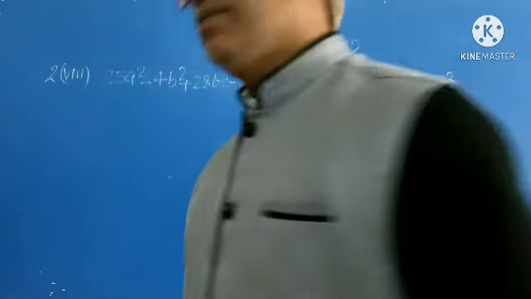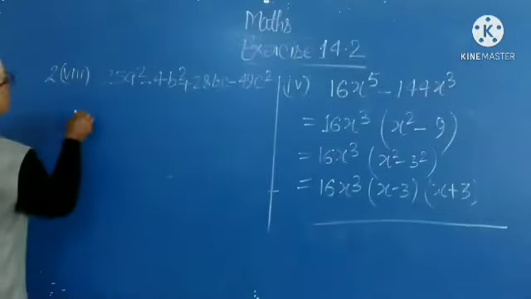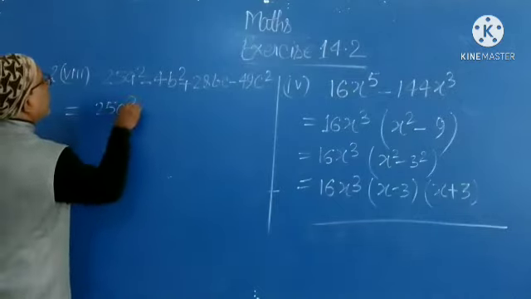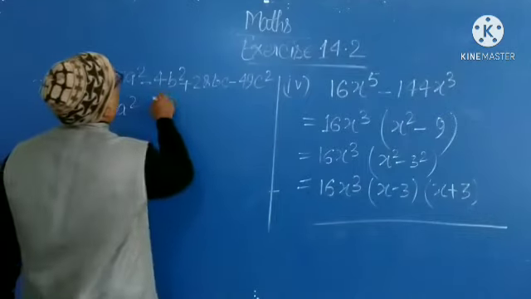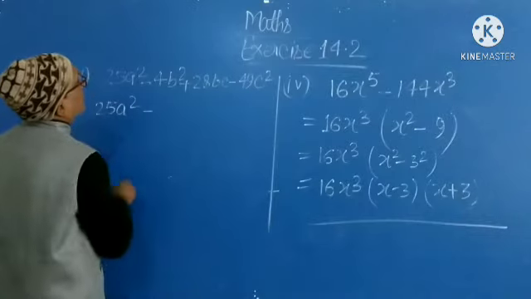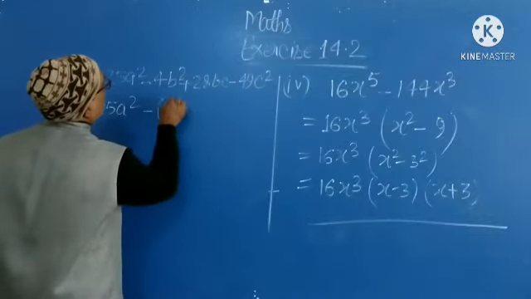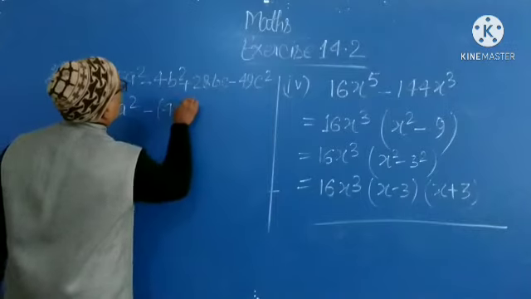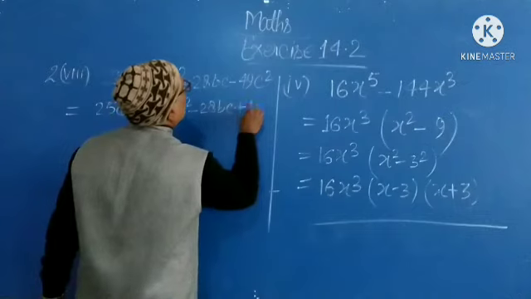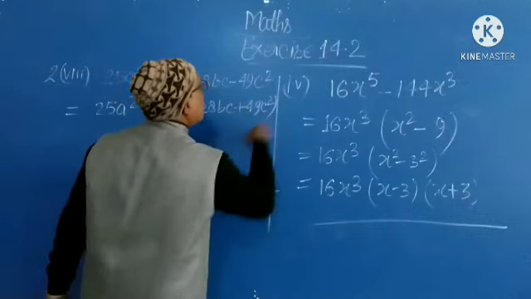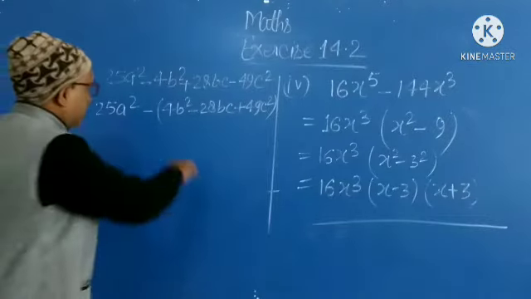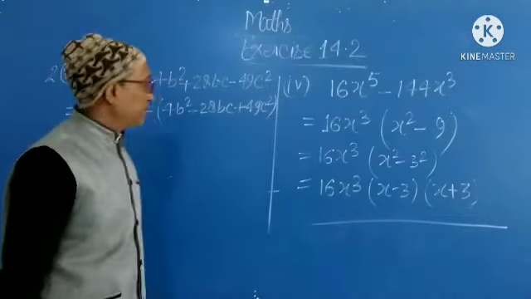In this expression, first of all, you write 25a square and you take minus common from these terms. Then you write minus and you write in the bracket 4b square minus 28bc plus 49c square. When you take minus common from the given expression, that sign will be changed.